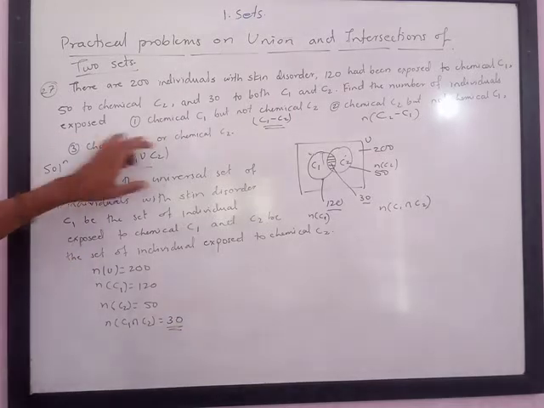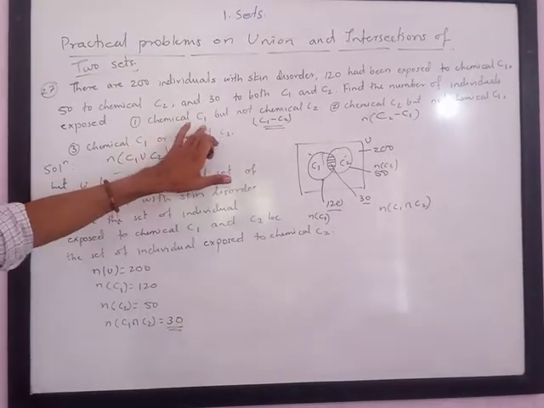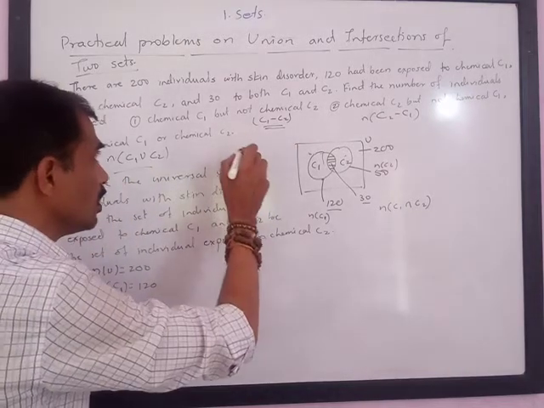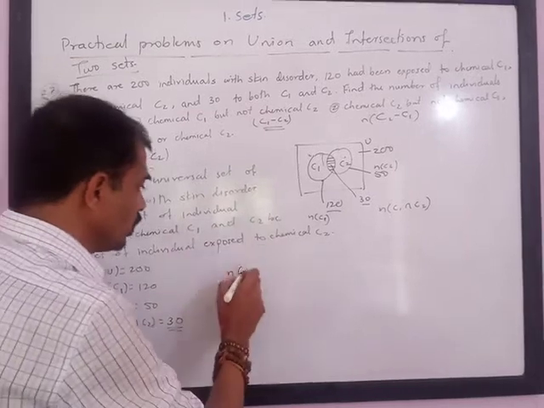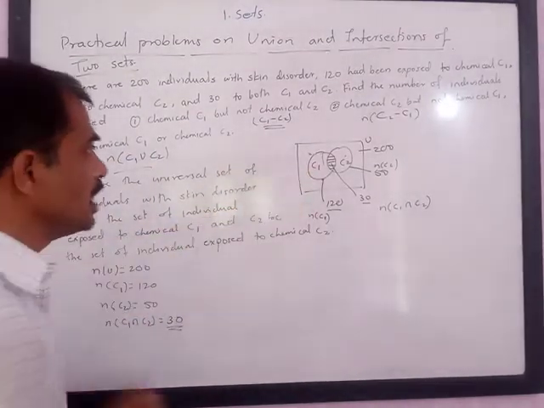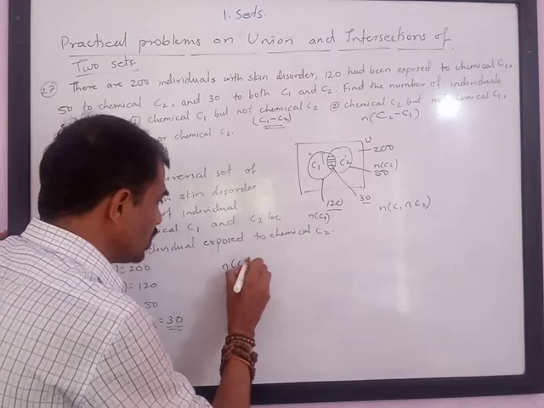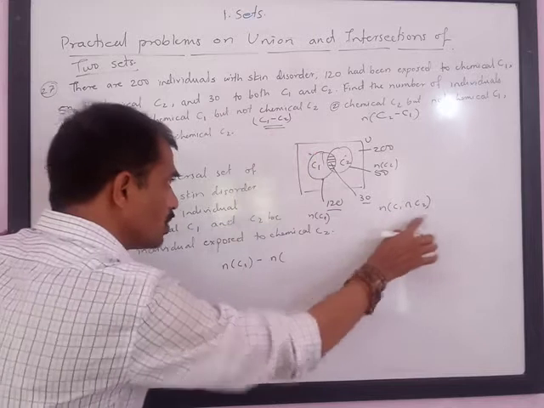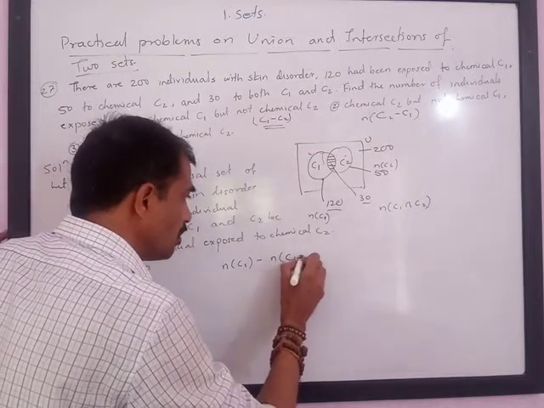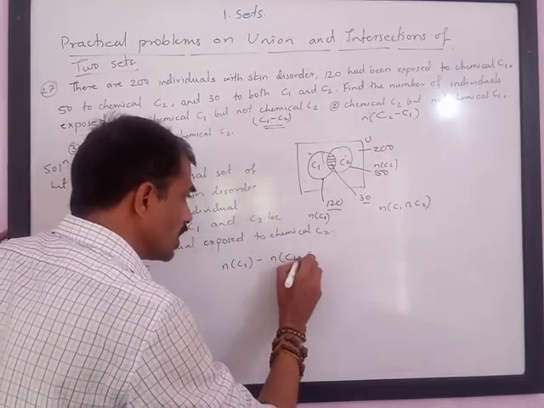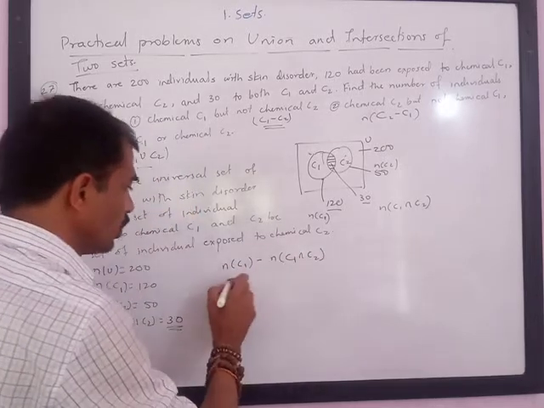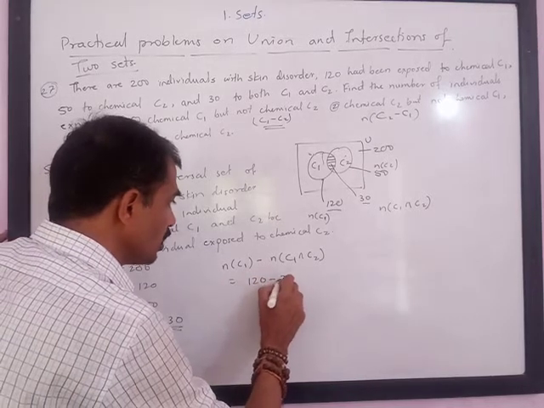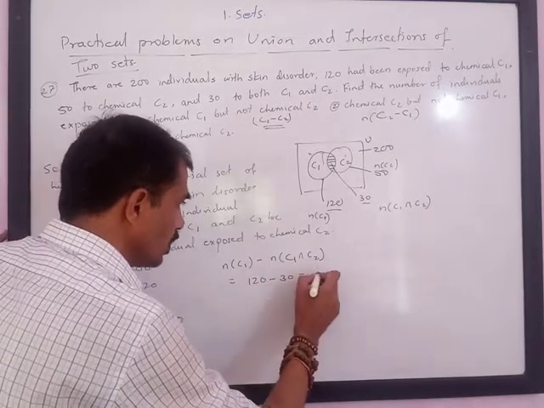First question asked to us is exposed to chemical C1 but not to chemical C2. It means we are asked the number of elements in C1 minus C2, that is the number of elements in C1 minus the number of elements in C1 intersection C2. So that is equal to 120 minus 30, that is equal to 90.